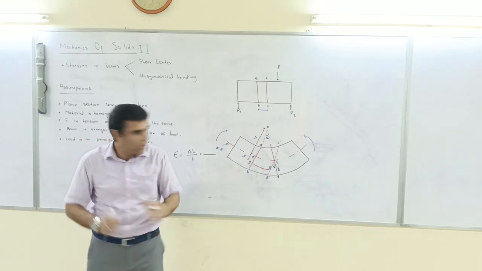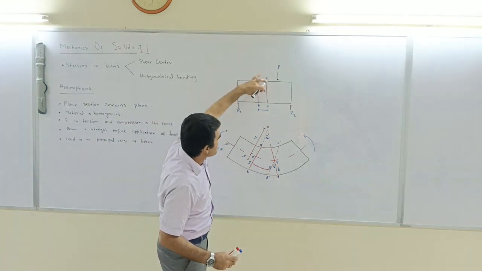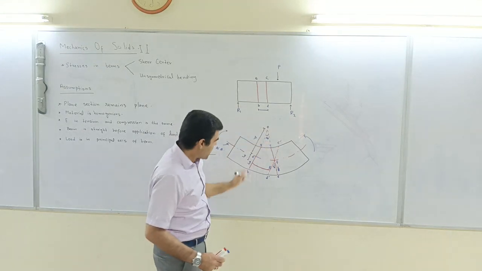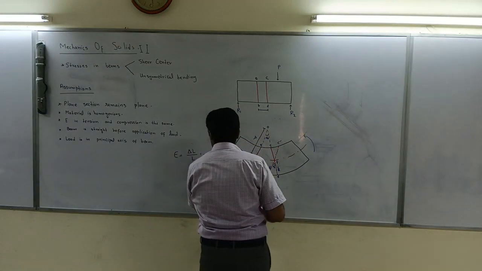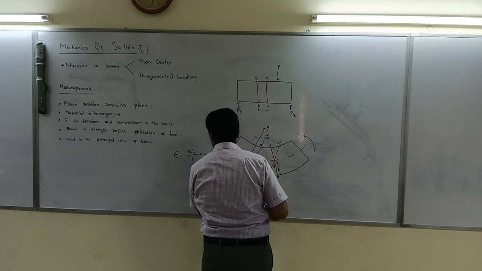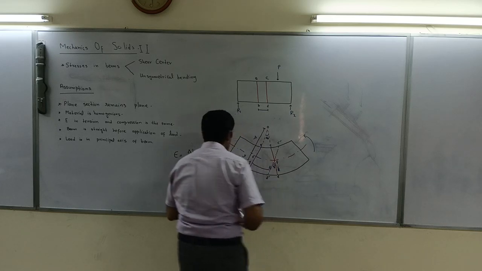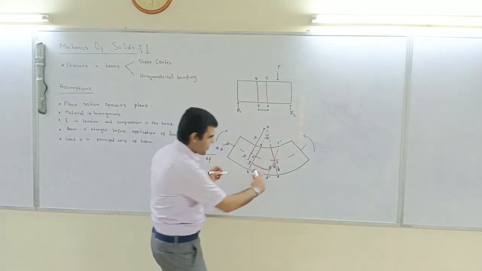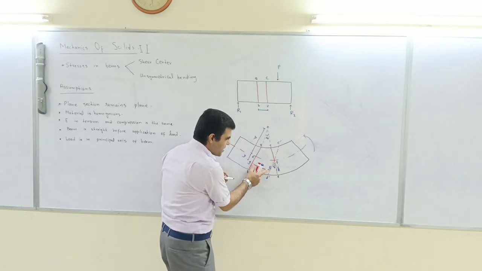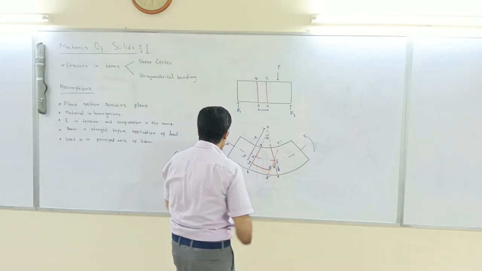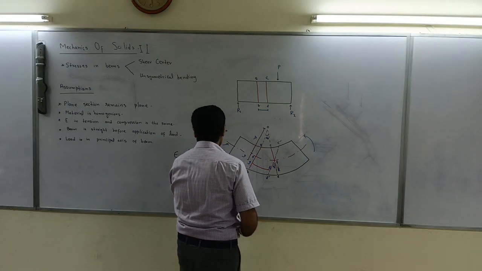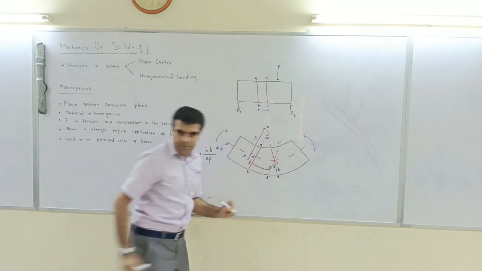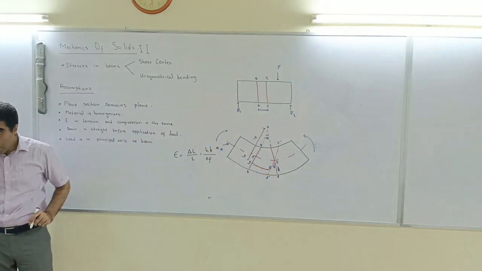This distance stays as it is. So EF is the original length, and the change in length for this fiber is HK. Agreed?